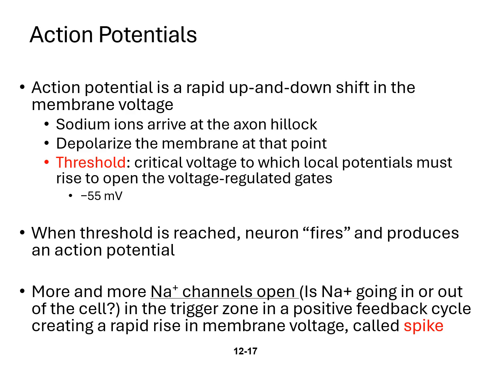When threshold is reached, the axon fires. The more sodium channels open, is sodium going in or out of the cell again? Sodium's going into the cell at this point, in the trigger zone, in a positive feedback cycle, creating a rapid rise in membrane voltage. That's called the spike.